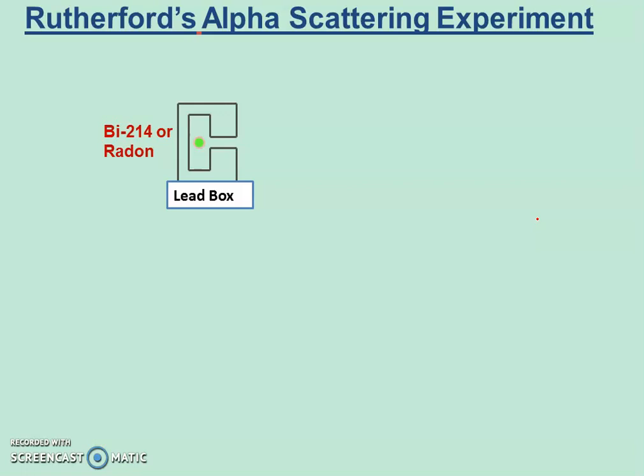Actually, this experiment was performed by Rutherford and his research students, Geiger and Marsden. So Rutherford took radon and Geiger and Marsden took bismuth.